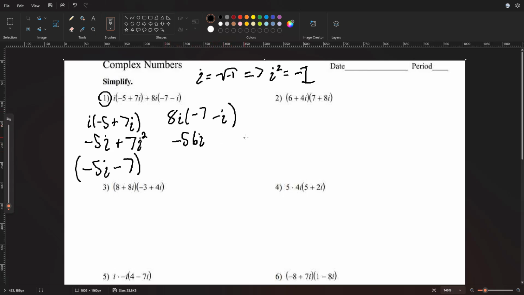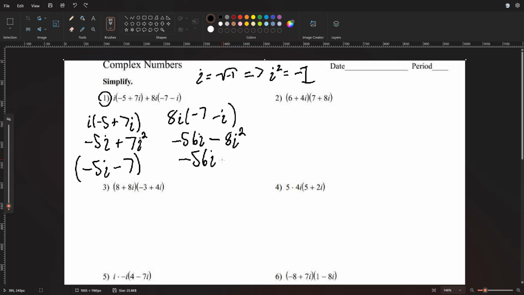And then 8i times negative i is going to give us negative 8i squared. And once again, i squared is going to be equal to negative 1. Thus, this goes from negative 56i minus 8i squared to negative 56i plus 8.